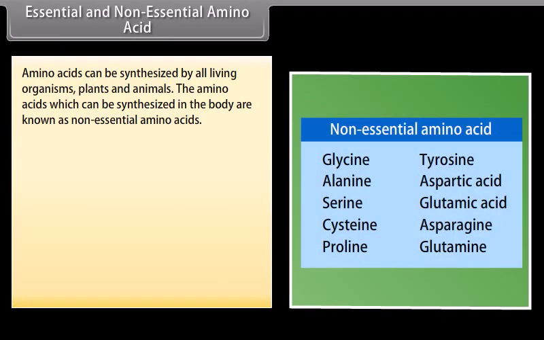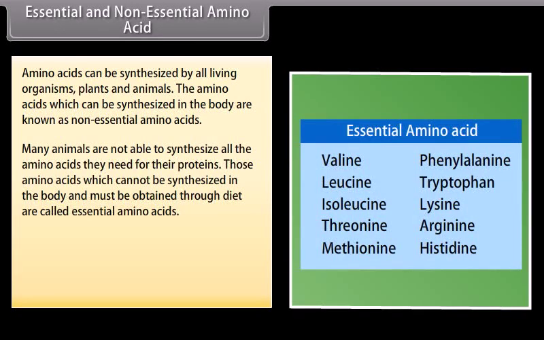Essential and non-essential amino acids. Amino acids can be synthesized by all living organisms, plants, and animals. The amino acids which can be synthesized in the body are known as non-essential amino acids. Many animals are not able to synthesize all the amino acids they need for their proteins.